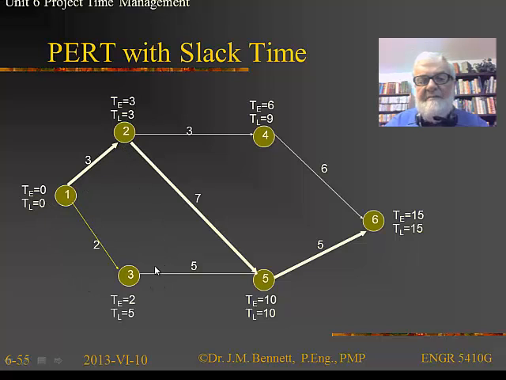I've only got 7 time units down here. So now I've got a slack of 3, because the difference between these two is an absolute value of 3 time units. So I can delay activity 3 for 3 time units before it goes on the critical path. After 3 time units, if I haven't started by this time here, I have made this the critical path, and I just delayed the project.